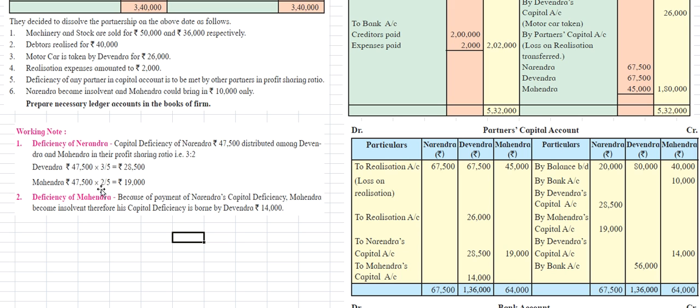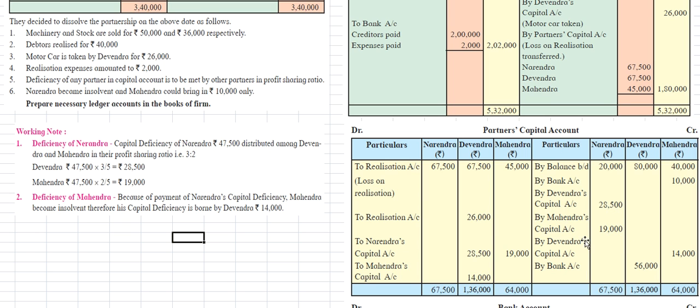Mahendra: 47,500 into 2 divided by 5 is 19,000 rupees. So both are going to Narendra's capital account: Devendra's capital account 28,500 rupees, Mahendra's 19,000 rupees.